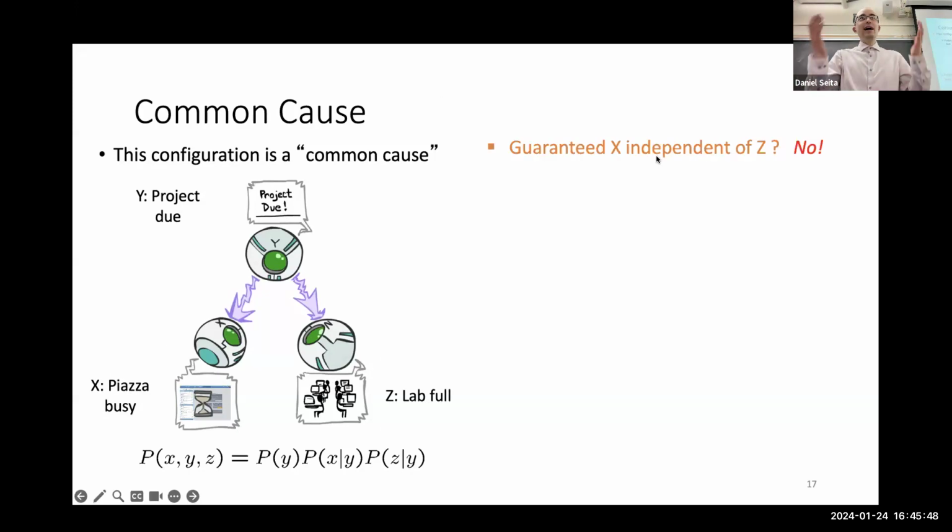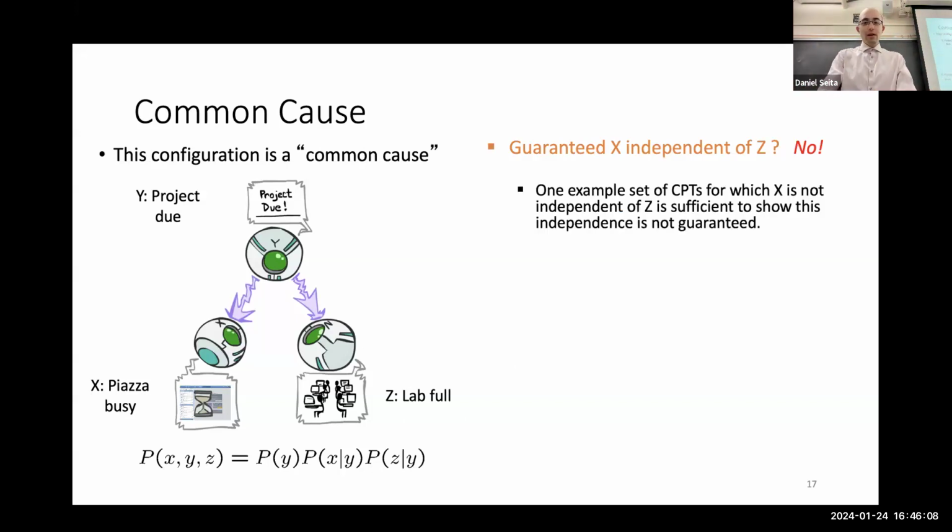Are we guaranteed that X is independent of Z here? Piazza busy and lab full. They don't seem independent because they seem correlated. If I see that Piazza is very busy, I might think the lab is probably busy and vice versa. And same thing here, you just need to show one example of a conditional probability table for which the independence definition does not hold true.